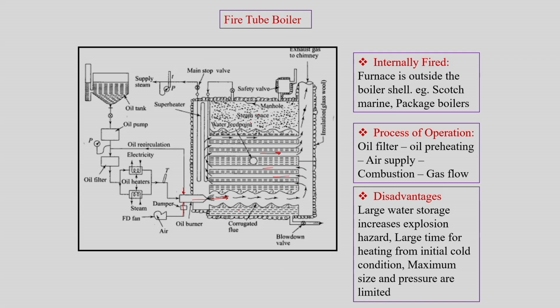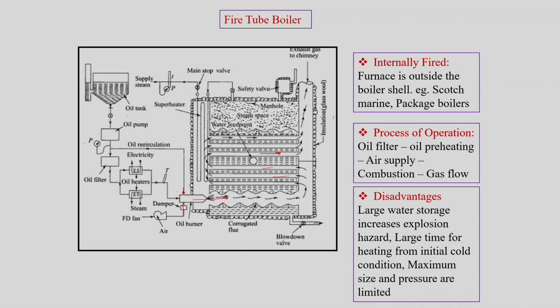But in all, a disadvantage of the fire tube boiler is that we practically need a very large amount of water storage, and since we need a large amount of water storage at very high pressure, we need a large amount of time initially for getting the water to the desired temperature.